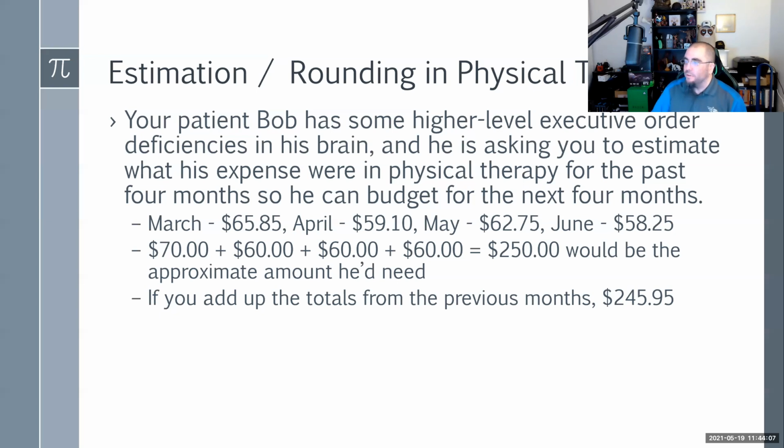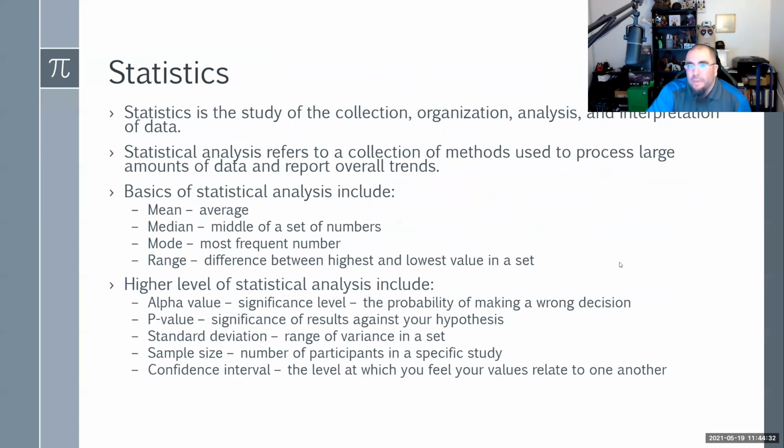Reaganomics was not good for student loan interest, just to let you know. I think we're going to see some major changes in student loans, the way they work. So hang on to your hats, folks. I think that's the next industry that's going to have to change. That's the next bubble that's going to burst. So we'll talk about that when we talk about finance in here. But that's why we talk about estimations and rounding in physical therapy.